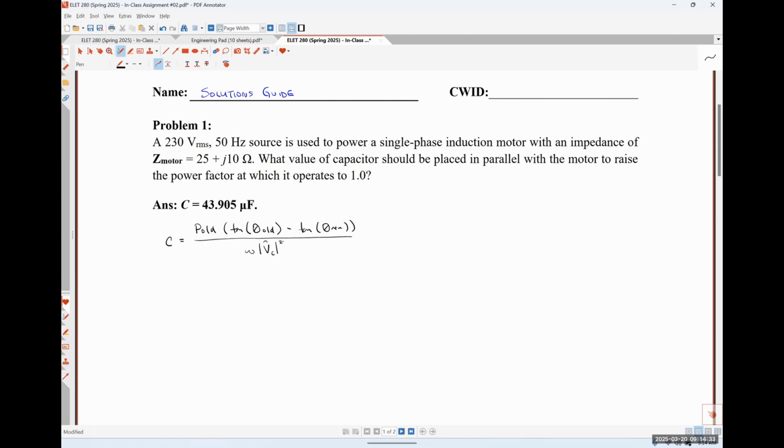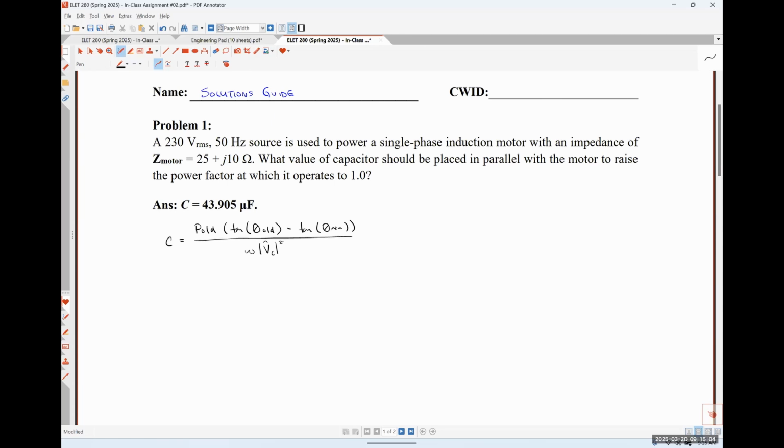In our problem description here, we are told that we have a 230 volt RMS source operating at 50 hertz, and it is powering a single phase induction motor with an impedance of Z motor equal to 25 plus J10. Our ultimate goal is to figure out what value of capacitor is needed to raise the power factor of the motor to unity.